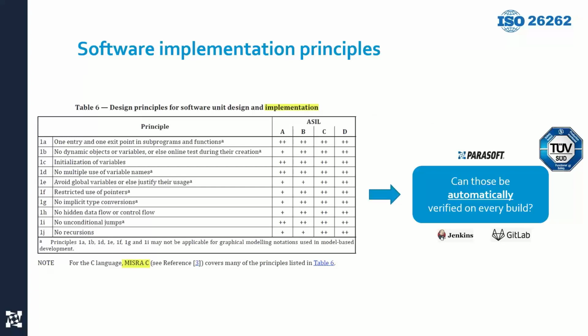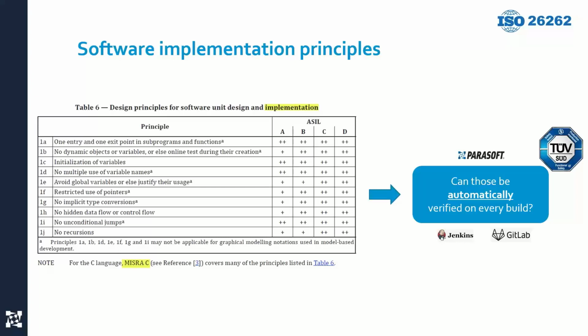Now, more tables, more boring stuff. One of the tables talks about how, once you settle on your architecture, you decompose the requirements into the bigger blocks. Now you start coding. Once you start coding, there are some principles that those documents want you to adhere to. For example, you want to make sure that you don't use uninitialized variables, which is line 1C here. You also want to restrict people from having some conversion of types.